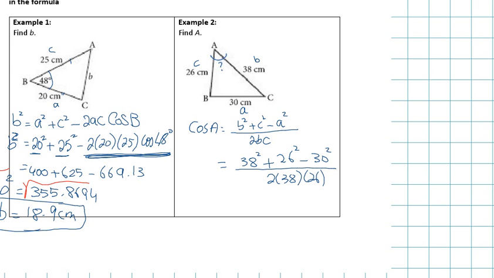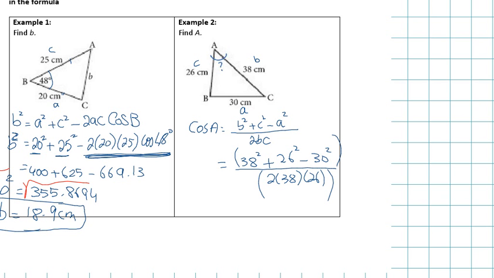So, there are 2 ways that you can do this. If you want to enter this whole thing in the calculator, you have to make sure that you put brackets around the top and big brackets around the bottom.